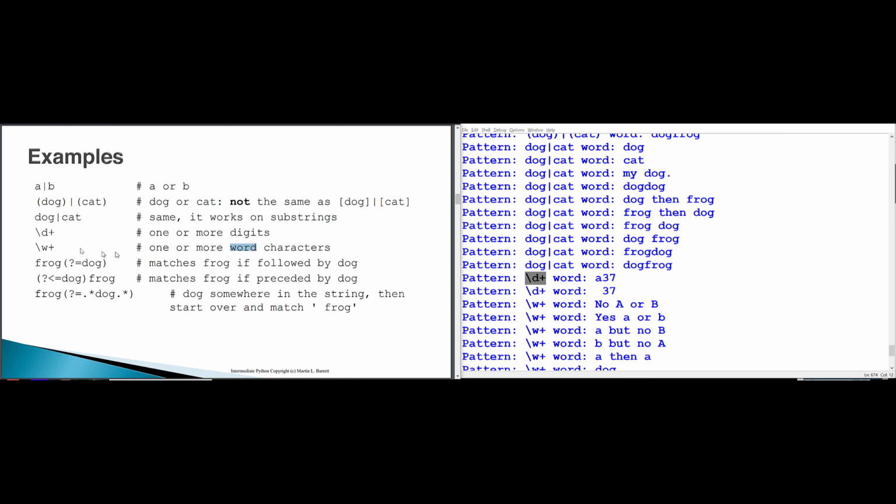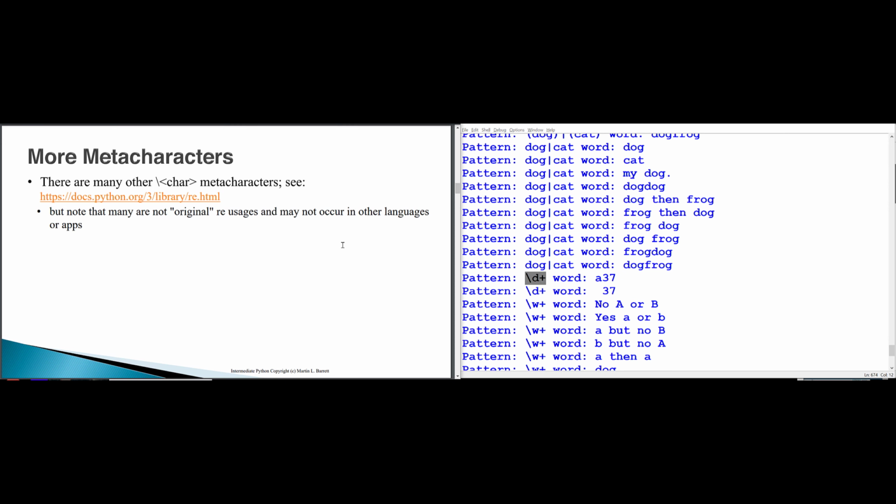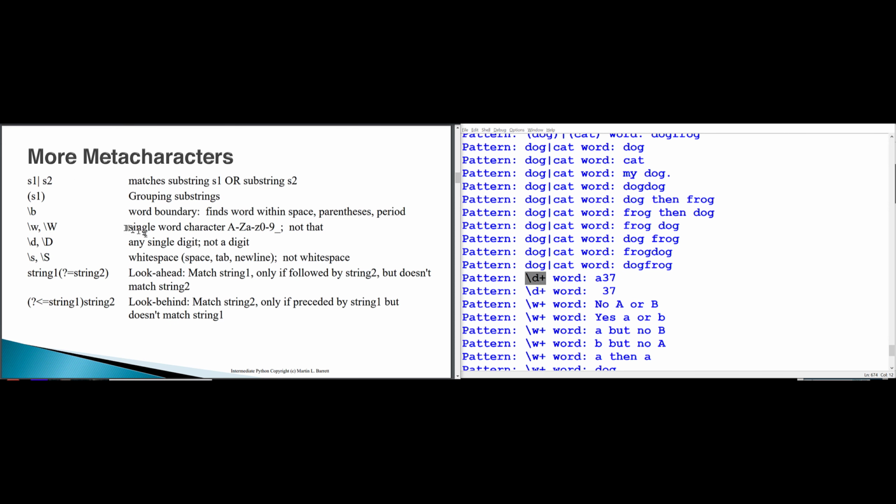Here we're looking for one or more words. And remember that a word, let's go back and see this, is any single word character, that is a letter, a digit, or an underscore.